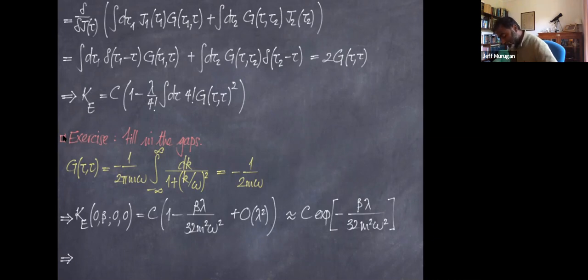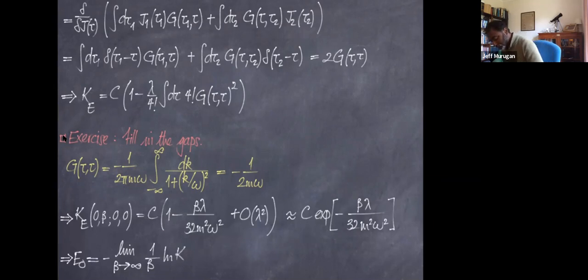And if you remember, the ground state energy for the oscillator, or for a system like this, I get by taking minus the limit as the temperature goes to 0, or equivalently, the inverse temperature β goes to infinity, of 1 over β times, and here's the kicker, the logarithm of the propagator. So this is where the logarithm comes in.